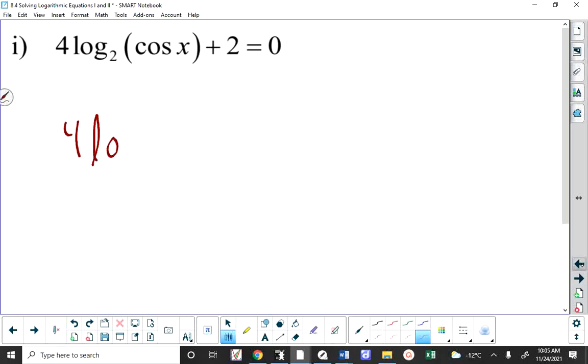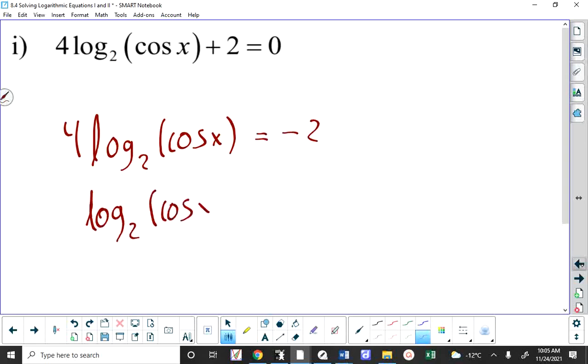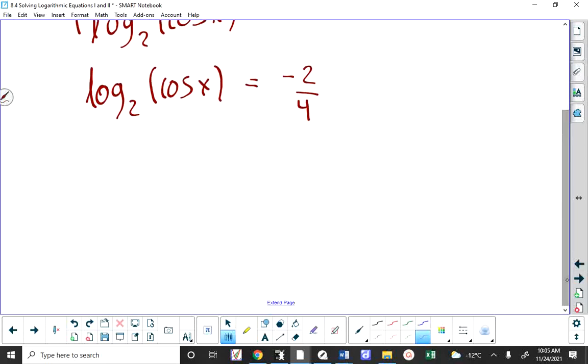We get 4 log base 2 of cosine of x is equal to negative 2, which means when we divide both sides by 4, I get log base 2 of the cosine of x is equal to negative 2 over 4, which we can simplify to negative 1/2.